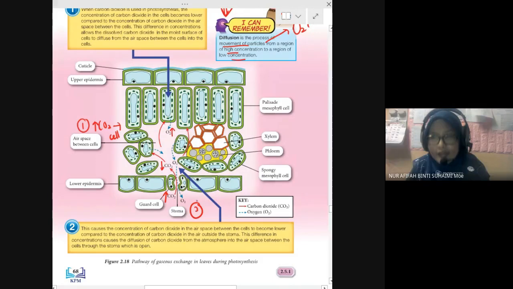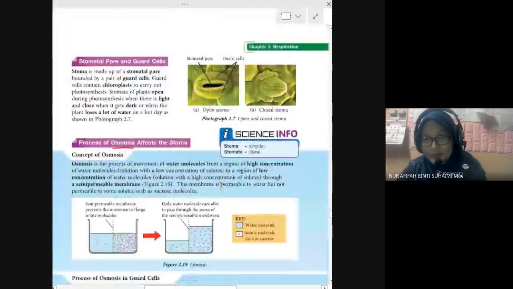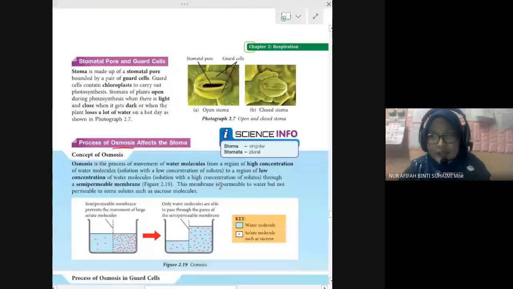Then second, once it diffuses into the cell, the concentration inside becomes lower and lower. So the higher concentration of carbon dioxide outside the leaf will diffuse into the leaf, replacing the lower concentration. Okay, can? Next, that is diffusion.